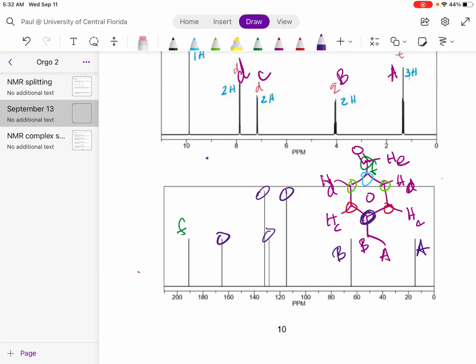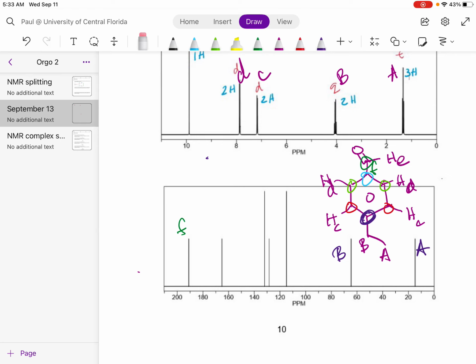Now, would you be able to figure out which carbons these are in the benzene ring? Yeah, you could. You definitely could. Let's take a look at it. Let's do some numbering here. Well, maybe we could do colors.